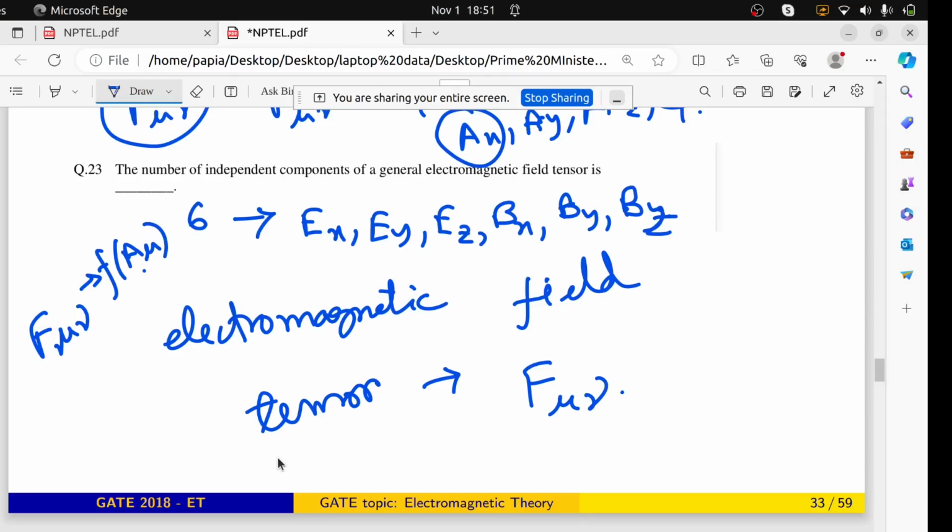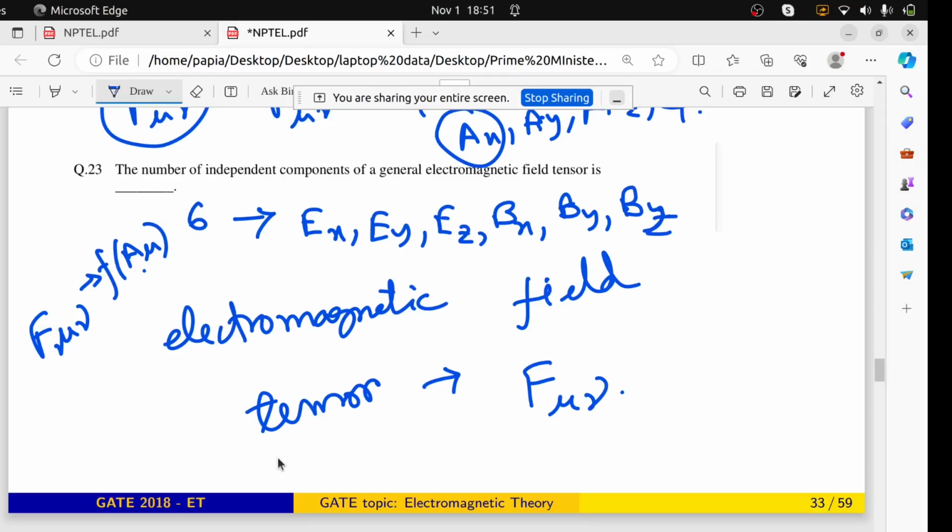But what is the main fundamental thing in the electromagnetic field tensor? Electric field and magnetic field. That's why it is called the electromagnetic field tensor. The electric field and magnetic field are what we need to know at the very basic level. After that, from the electric and magnetic field, we can get the value of A, and from that A we can also get the F mu nu value.